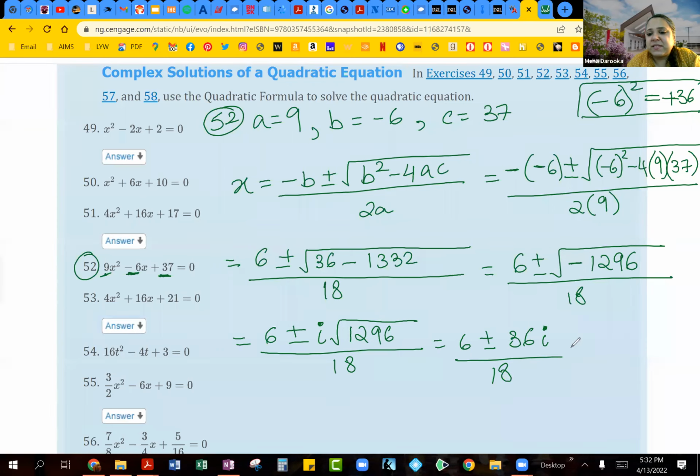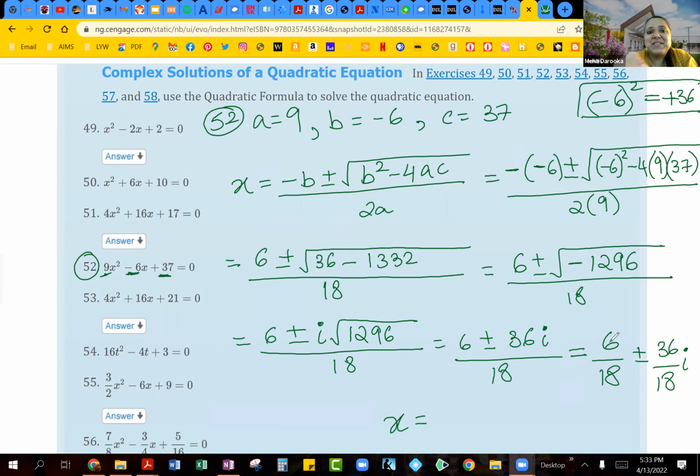And then remember, as I was telling you before, we do need to simplify this. So you will separate that as 6 divided by 18 plus or minus 36 divided by 18, and then the i. And then, of course, we'll just need to clean up our fractions. What will 6 over 18 become? Very nice, Andrew.